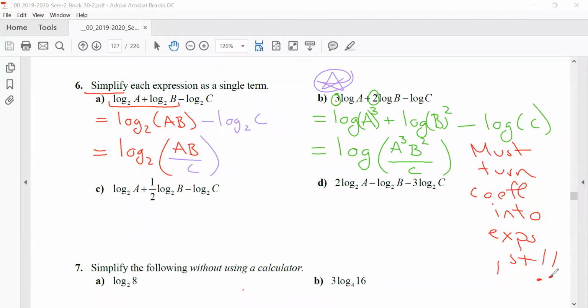Okay, so if I go on ahead and I look at C, the first thing I notice is I start seeing this coefficient of a half flying around. So I'm going to rewrite this right off the bat as that.